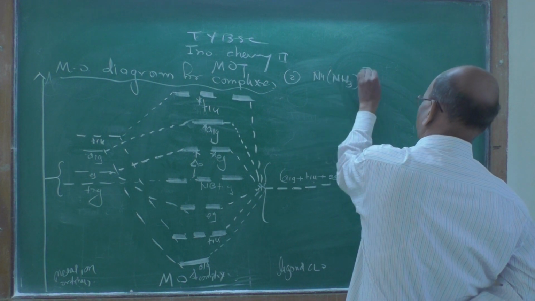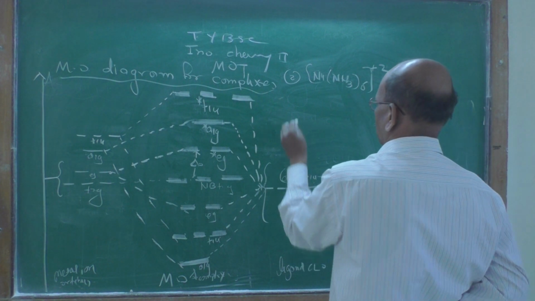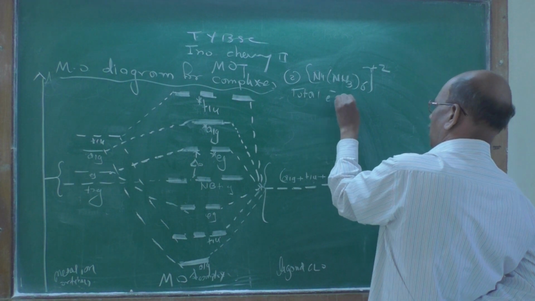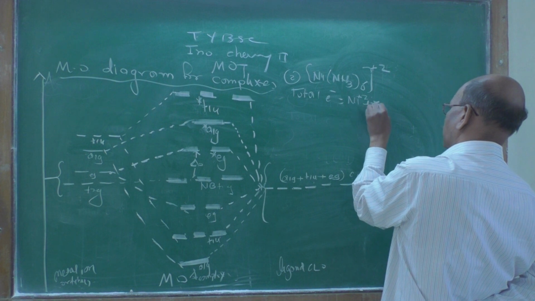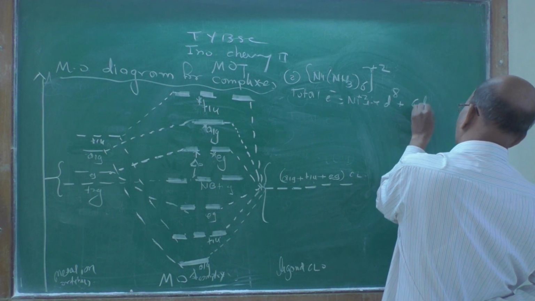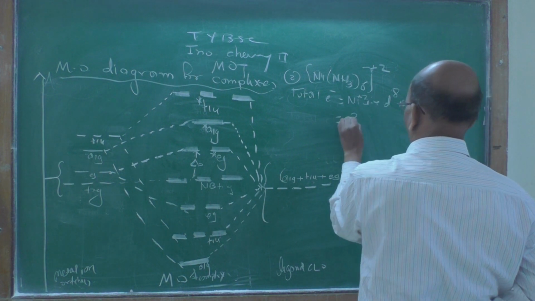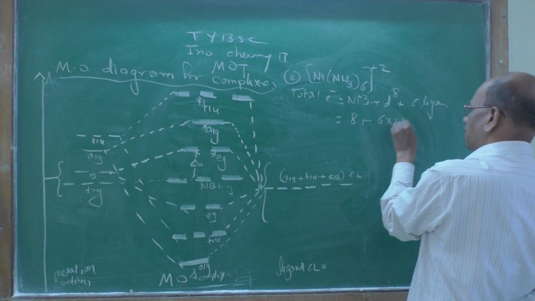[Ni(NH3)6] having plus 2 charge. So total electrons: Ni2+ is d8, plus 6 ligands, 6 multiplied by 2.